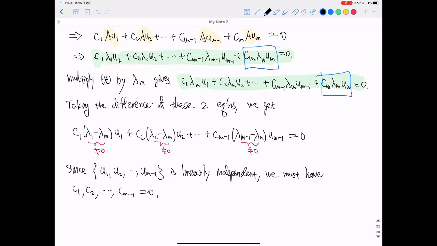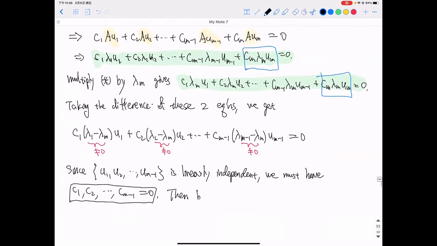Okay. So what happens? Now, if you take this conclusion, that all the C1 through C(m-1) are 0, and go back to star, we just get CmUm equal to 0.